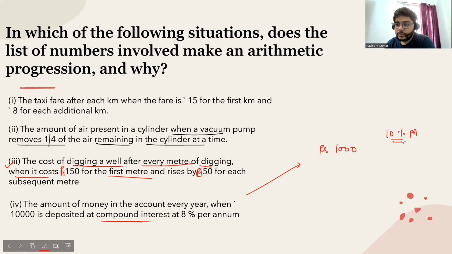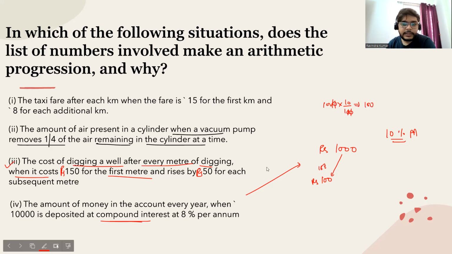If we calculate the interest of 10% on 1,000 for the first year, it will be 100 rupees. Just calculate 1,000 into 10%, it will be 100, right?